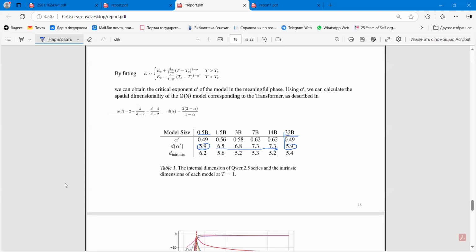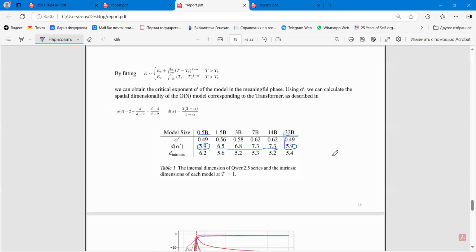And dimensionality first grows with the size of the model, and then it jumps down. Okay. Those two series are uncorrelated, aren't they? I see no correlation between D and D. The internal dimension and the dimension calculated from alpha. You see no correlation. I see.